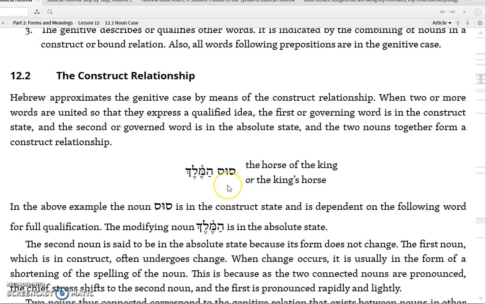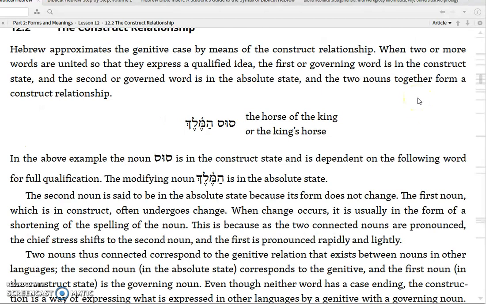An example of this is the expression sus hamelech, and whereas it could be understood as a horse is the king, much more likely it is a construct relationship, meaning the horse of the king. The word sus then is said to be in construct, whereas hamelech is the noun in the absolute state.